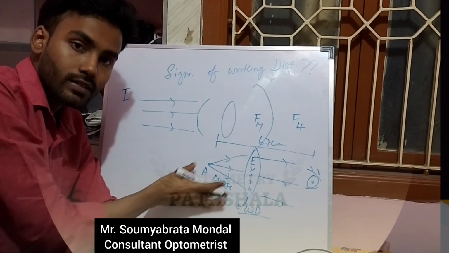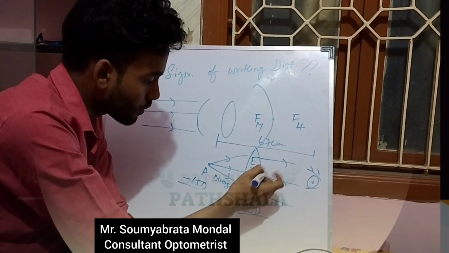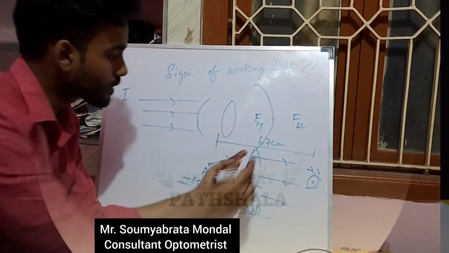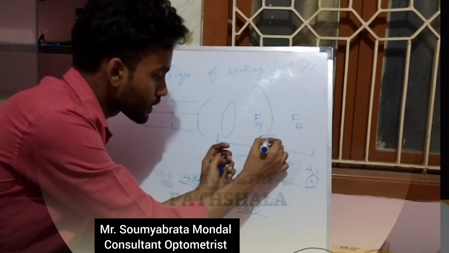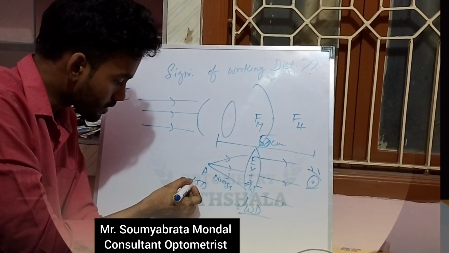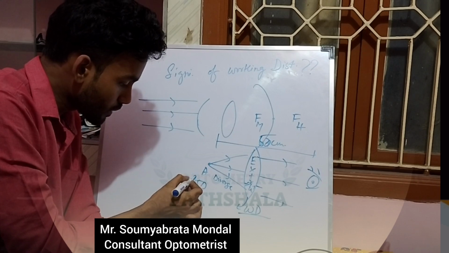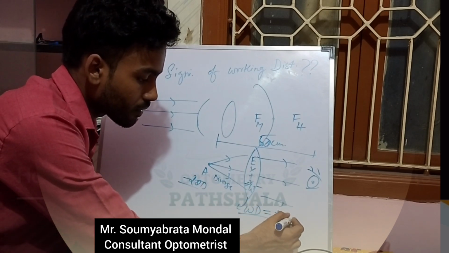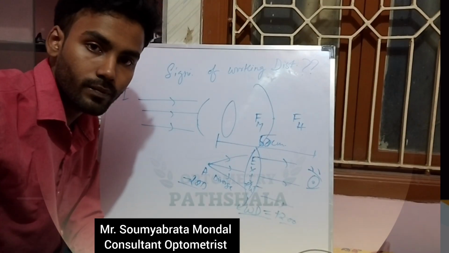So to neutralize this -1.5, we need to give one +1.5 over here as the working distance. If this distance is reduced to 50 centimeters, then this divergence will be -2, and similarly the working lens will be +2 diopter, right?